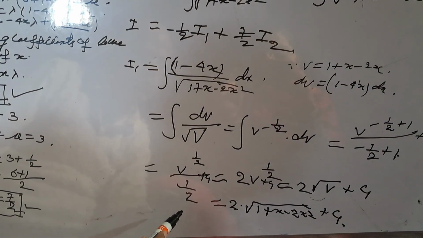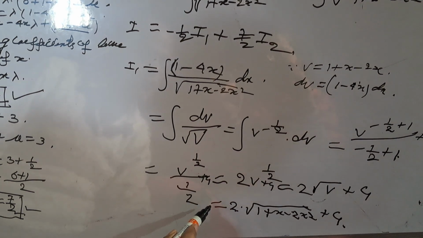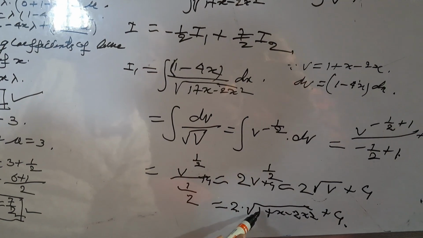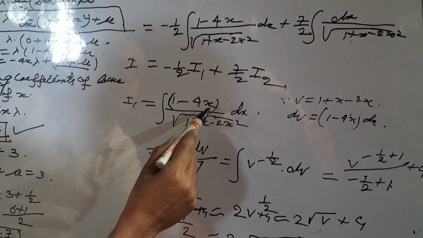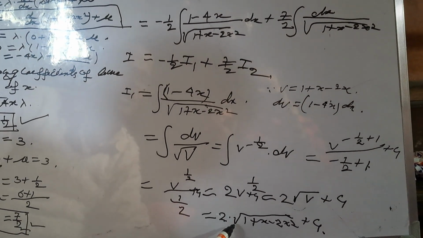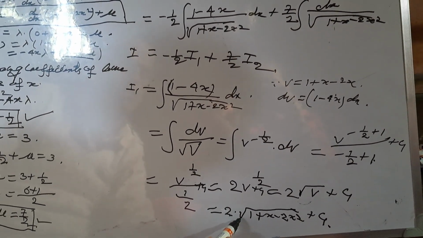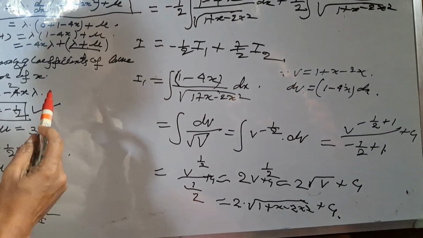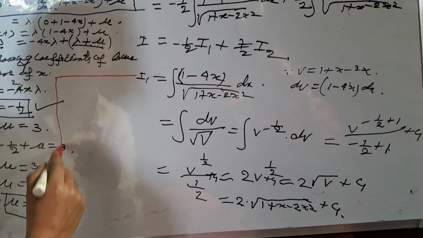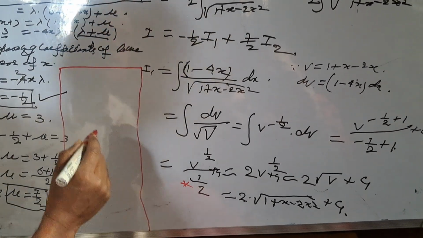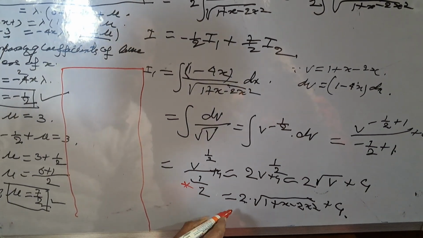Now we give the value of whatever I got here to the integral. Finally, I2 I got here, I1 I got here. Because the space is little, I am just moving the pen to help understand.